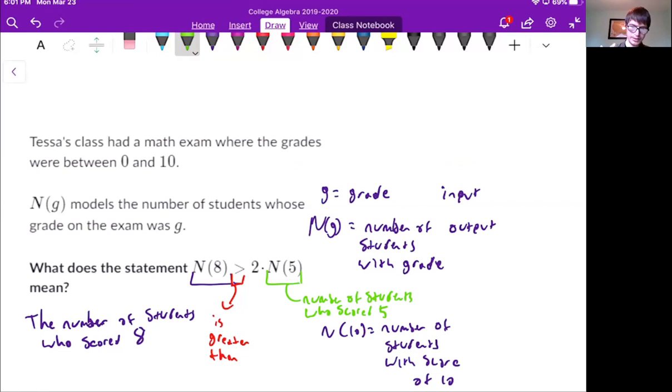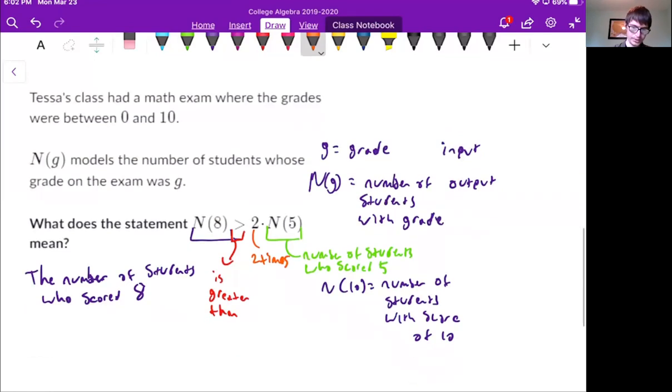That's 2 times the number of students who scored a 5. So all together, it's saying the number of students who scored an 8 is greater than 2 times the number of students who scored a 5.